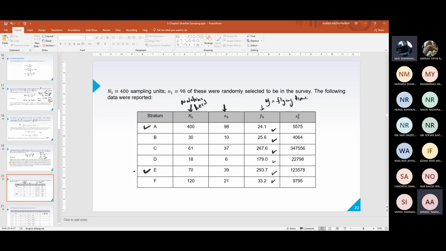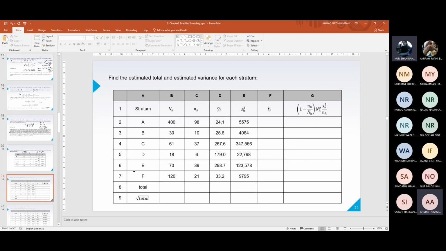By using the information in this table, you can also calculate the estimated population total for each stratum. What is column G? Anyone? You can also calculate the variance.